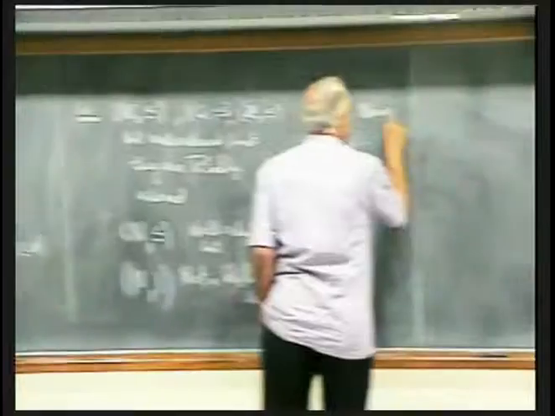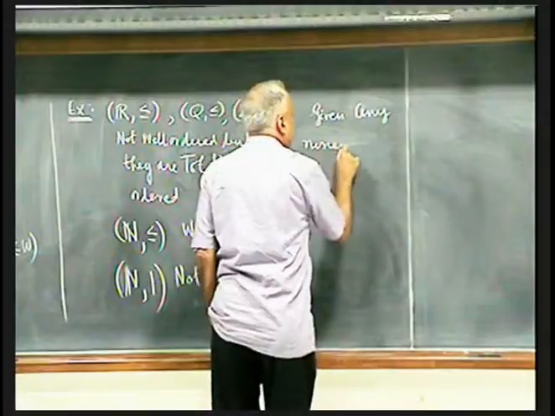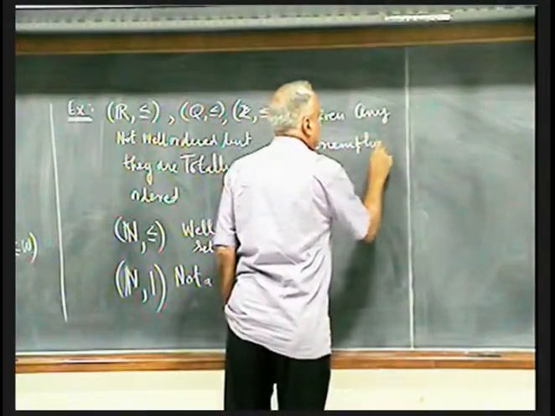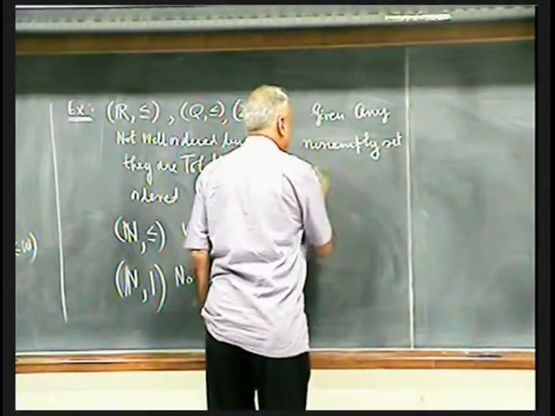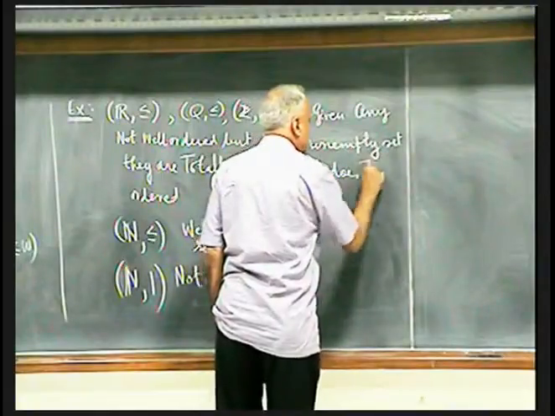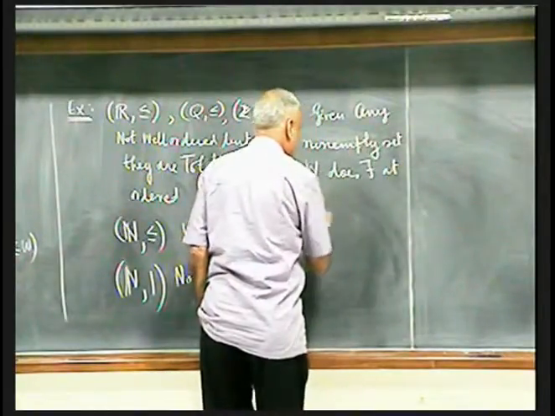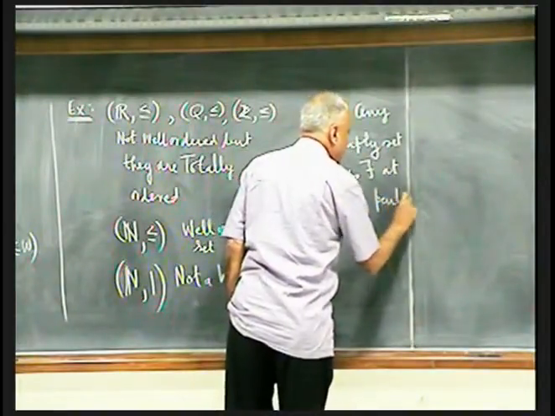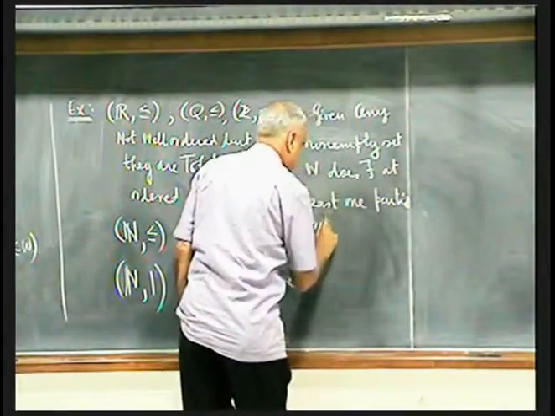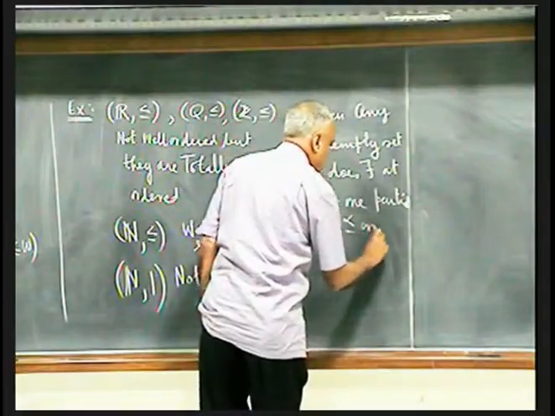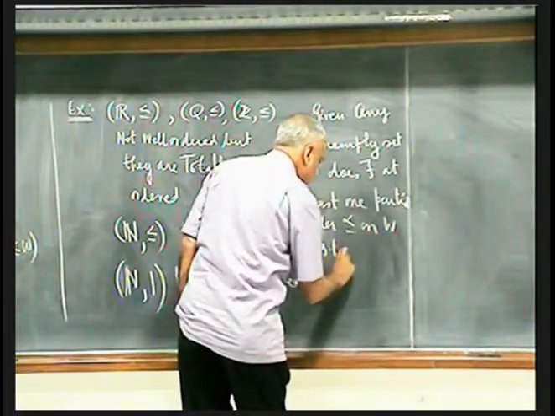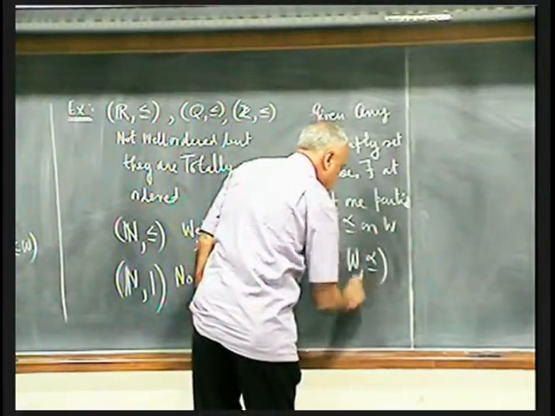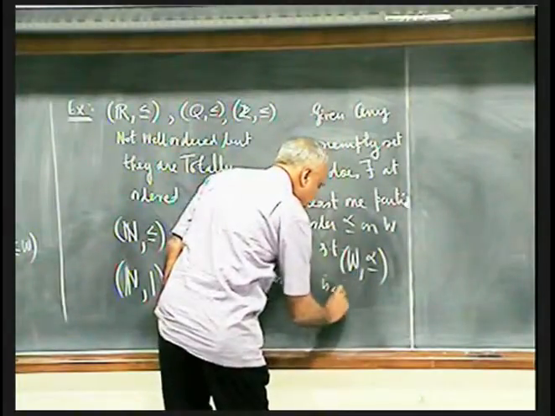Okay, so given any non-empty set W, does there exist at least one partial order on W such that W with this partial order is a well-ordered set?